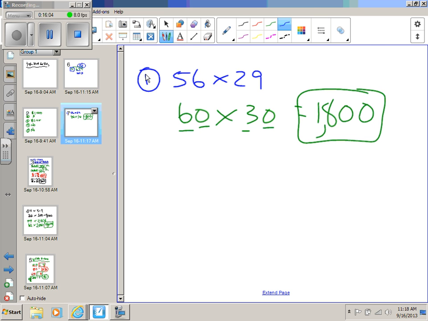Number 2. Now we've got a division. 890 divided by 91. Now the first thing I want to look at is what I'm dividing by.